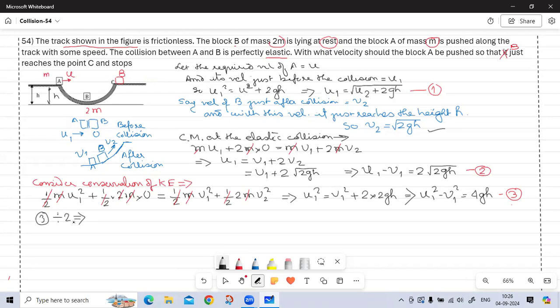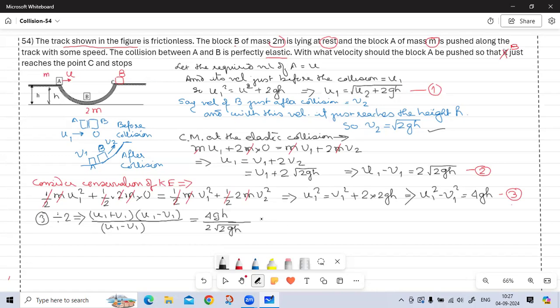If we divide equation 3 by equation 2, equation 3 is u1 plus v1 and u1 minus v1, this was equal to 4gh, divided by, look at equation 2, u1 minus v1 is equal to root 2gh, or we can write 2 under root 2gh.